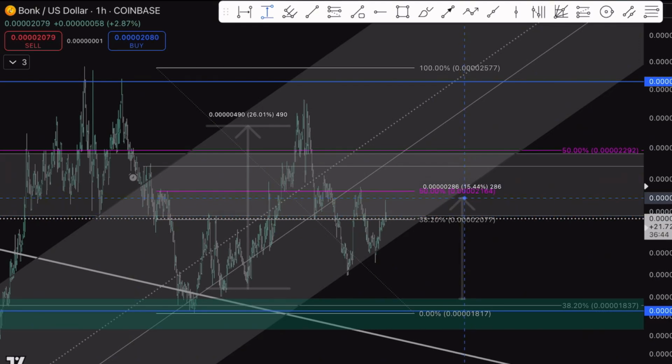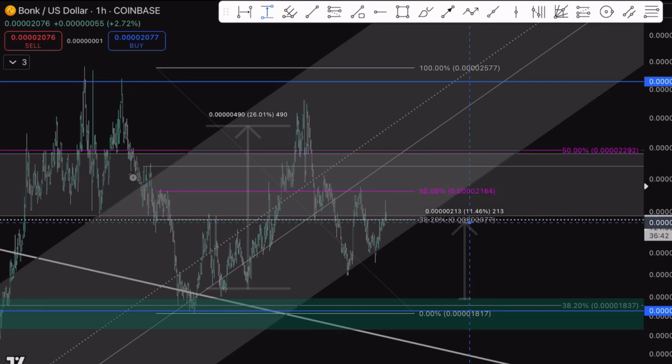So that might be worth looking at. And then it could maybe make it up to the 38% line. Let's see where the 20% line is at.